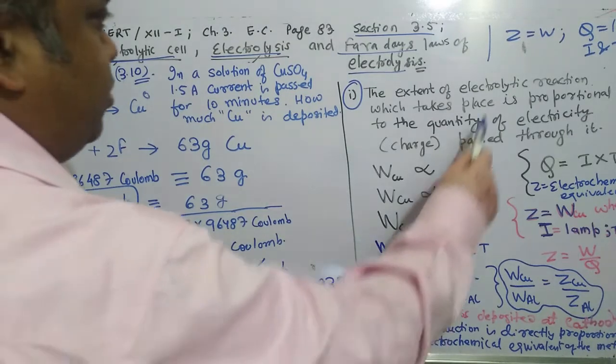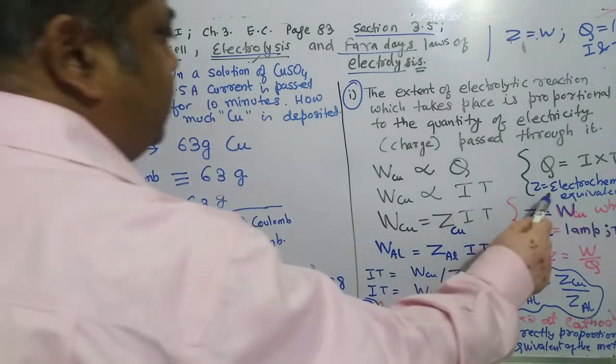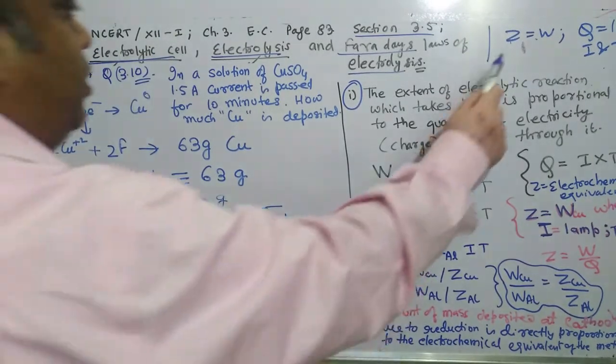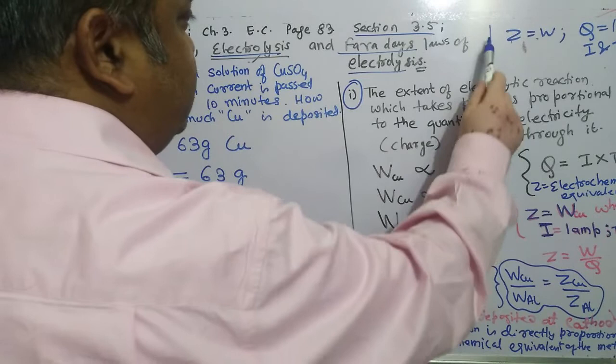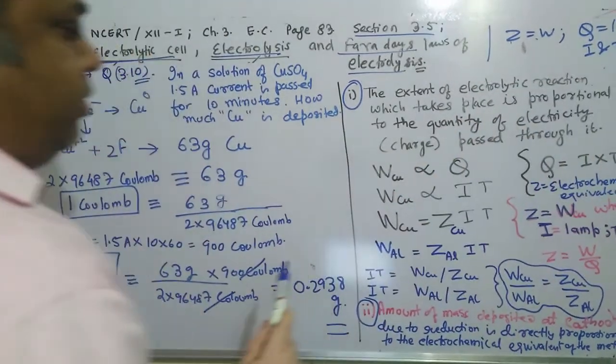So Z is also called the electrochemical equivalent, and is equal to W when Q is equal to 1, or I and T is equal to unity.